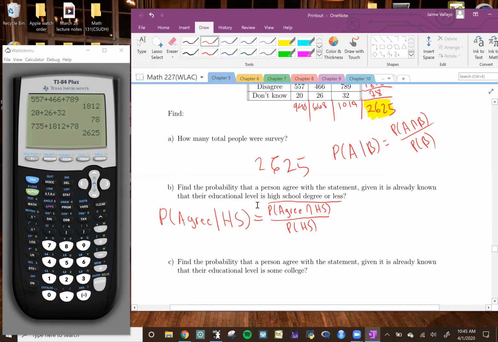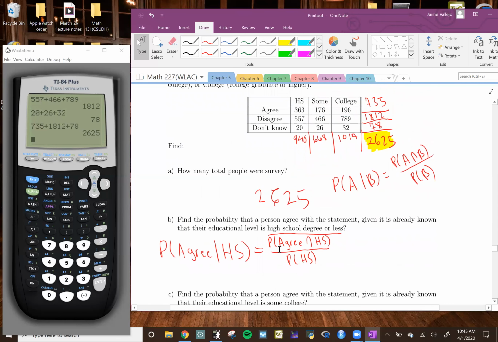All right. I want to find the probability that they agree with the statement and they have a high school degree or less. To figure out the number you want to use, just see where they intersect. At what number do they intersect? 363.